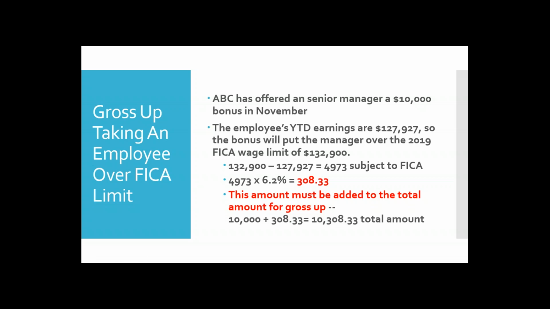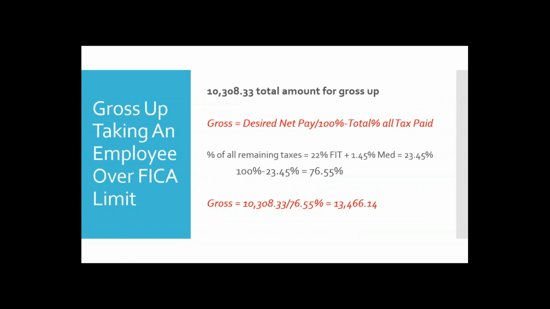That has to be added to the $10,000 bonus for our gross up amount. So we've got $10,308.33 now for our total gross up amount. Okay, so I've just carried that forward to this next slide.